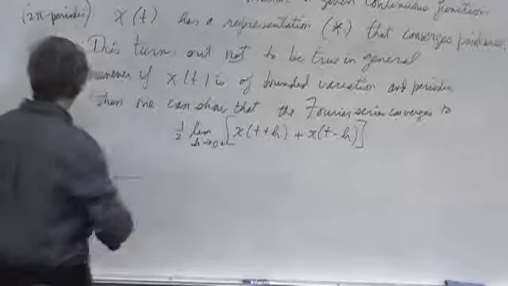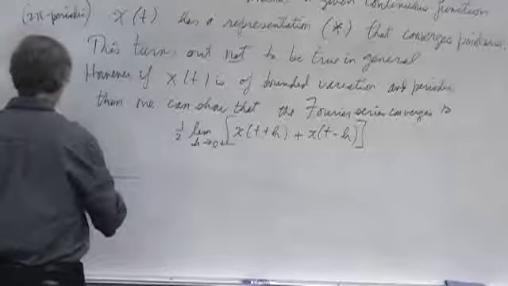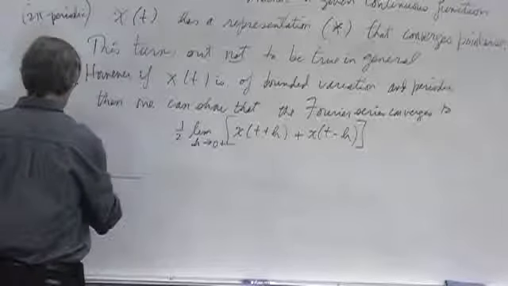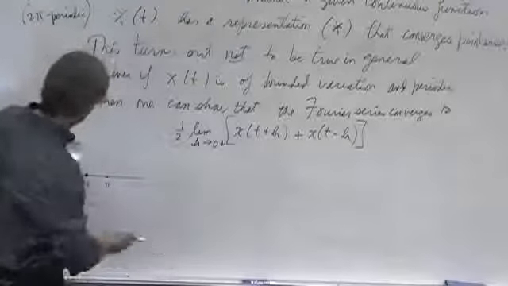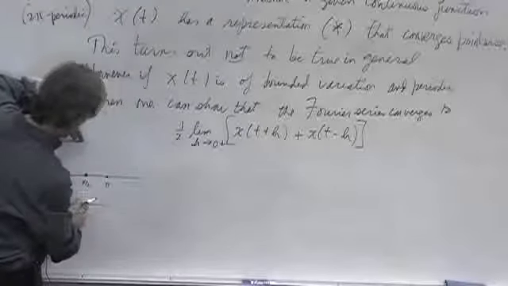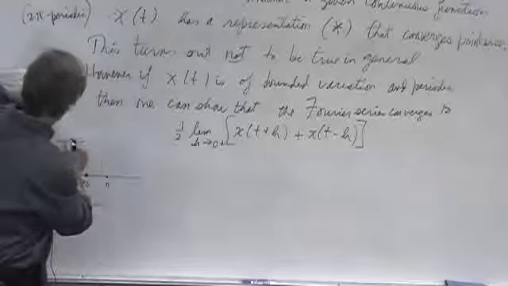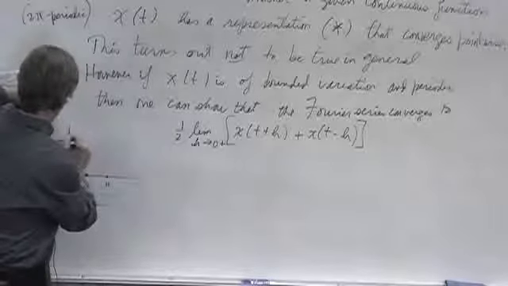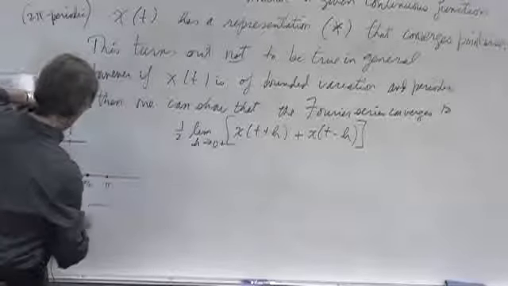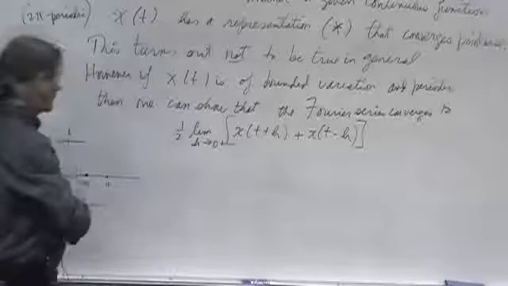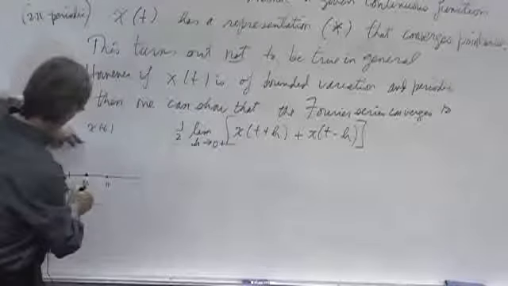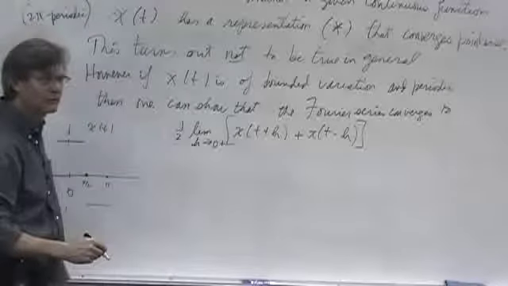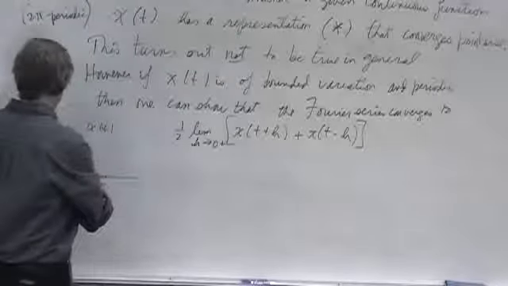Then so here's the midpoint, here's the average of the limits from the right and the left, 0, if these are at height 1, let's say, and minus 1. This is the function, so this is my x of t. The Fourier series will converge to this mean value.